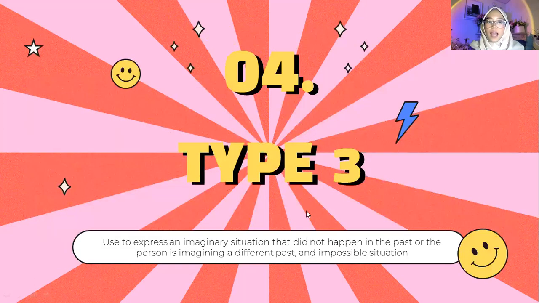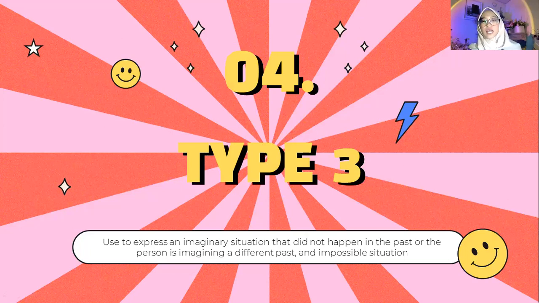The fourth type is type 3, the last type of conditional sentences, used to express an imaginary situation that did not happen in the past, or a person imagining a different past and impossible situation.